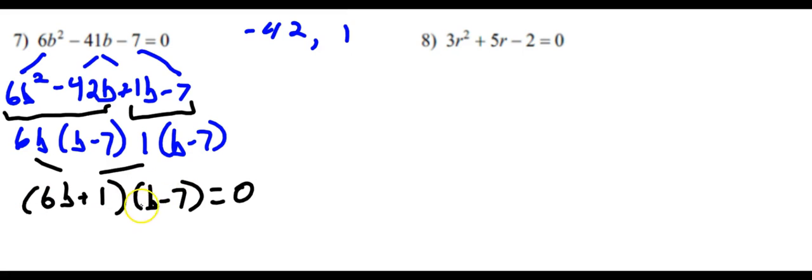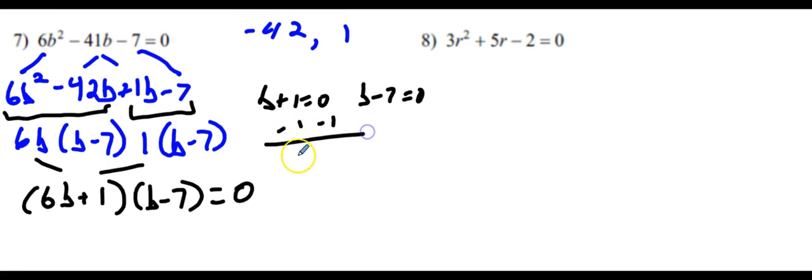And we just set each individual piece equal to 0 and solve. So we have 6b plus 1 equals 0 and b minus 7 equals 0. Wait, that's not right. Back up. Sorry. I didn't write the whole thing.